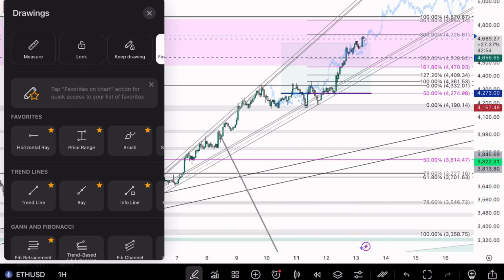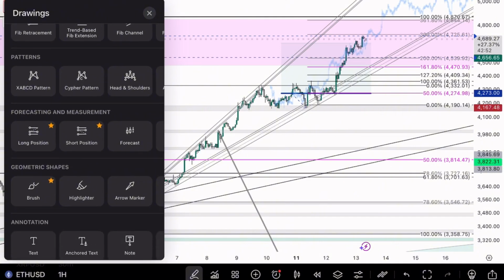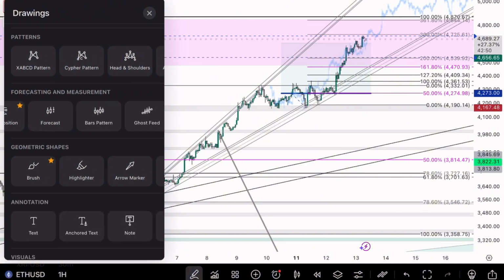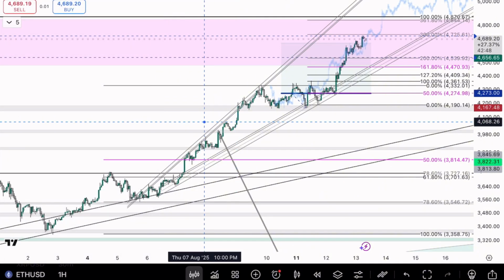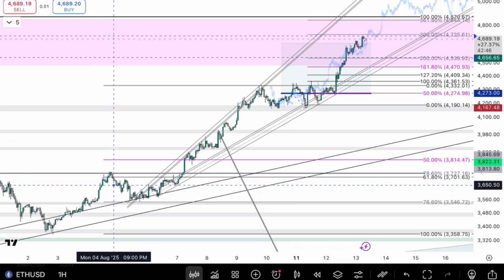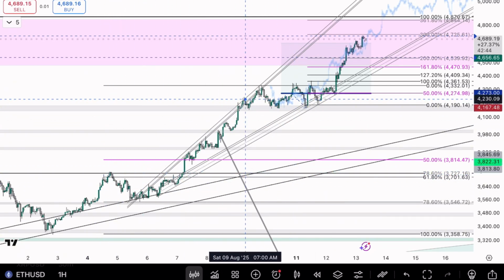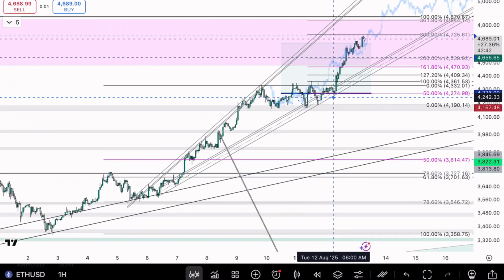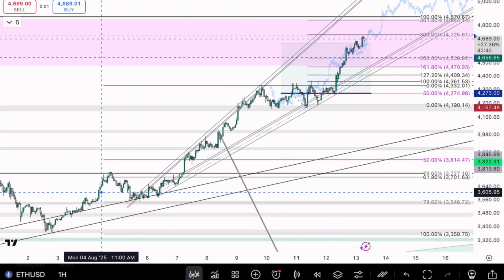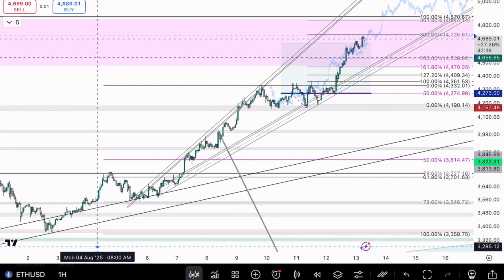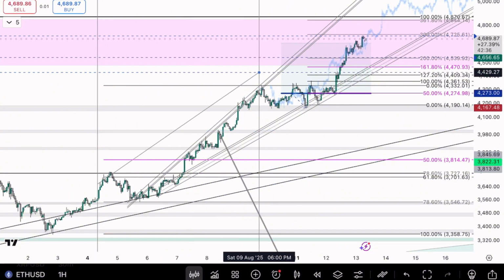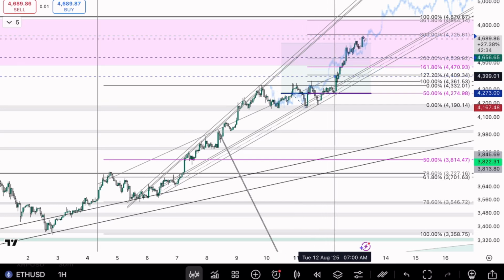All right, man. Okay, I want to pick the forecasting bars pattern. I want to start from this area all the way over to this point right here.